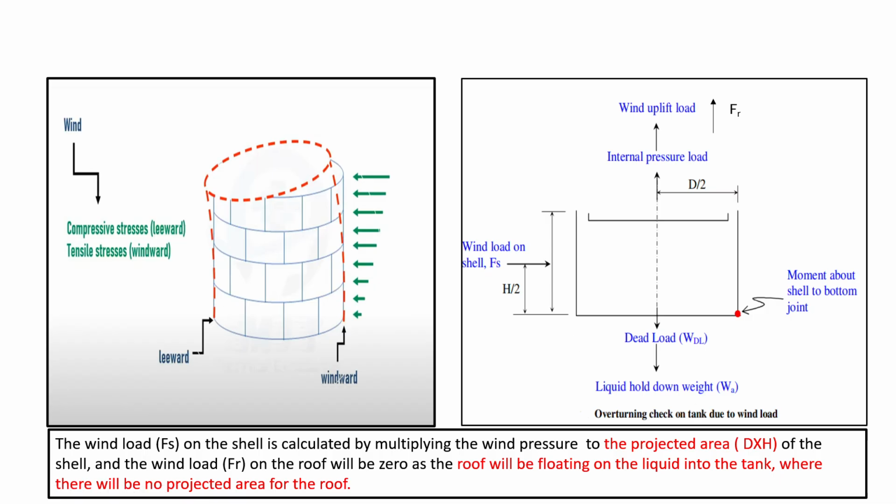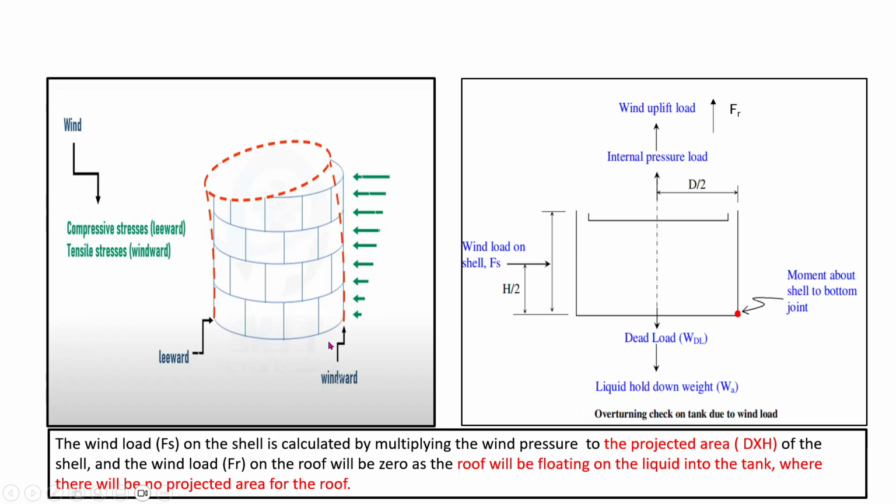Then due to wind, I have already told you about compression, but that is if it is acting uniformly. But if the wind is acting on one side, the side where the wind velocity directly strikes is called windward, and the other side is called leeward. So leeward will be subject to compression, and windward is subject to tension.